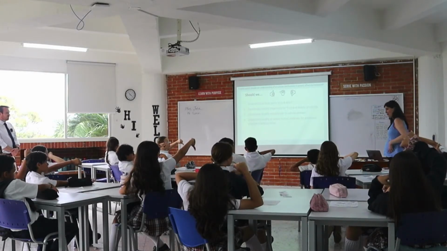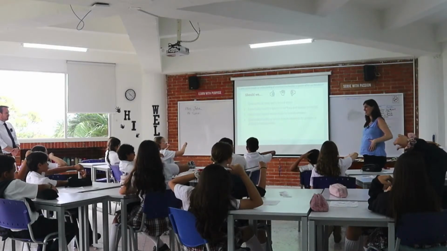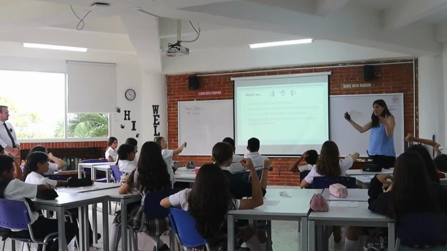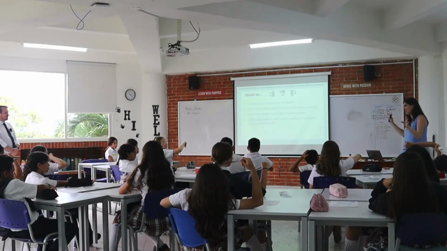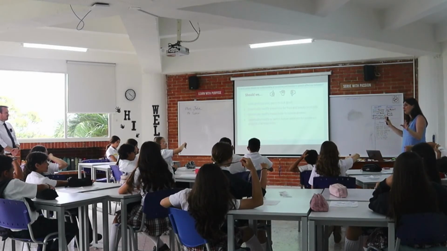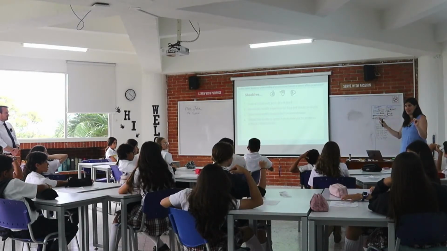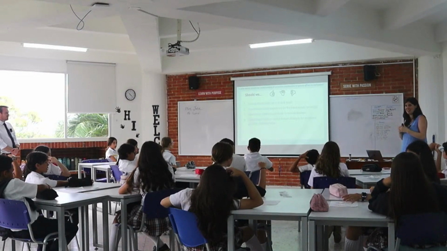Have you heard of this before? Okay, so sometimes we can make the embryos for the babies outside of the body for many different reasons. And you can choose if it's going to be a girl or a boy. Do you think we should do that?